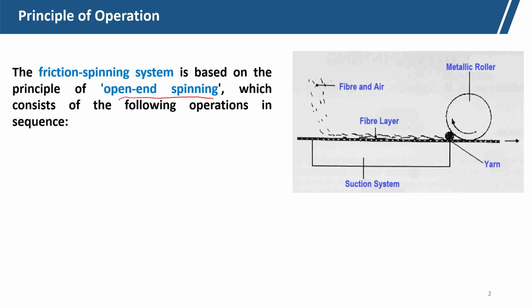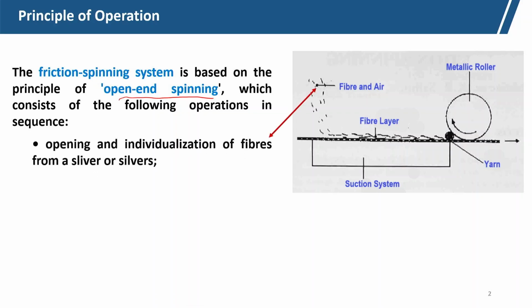Now we can see here, this is the schematic diagram of the friction spinning process, where the opening and individualization of fibers from the sliver, okay, either it can come from the single sliver or multiple slivers, and this is done by the opening roller.